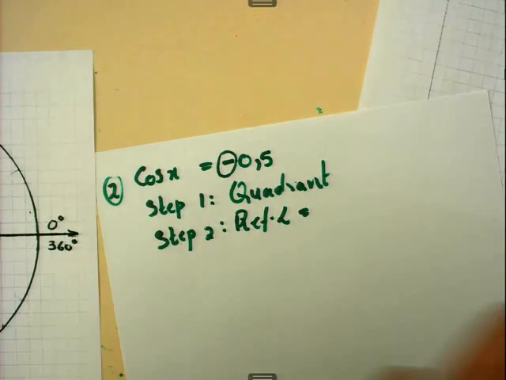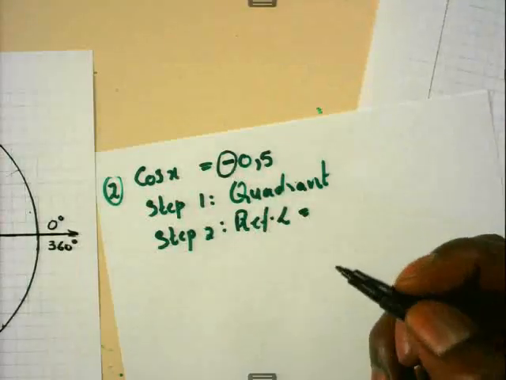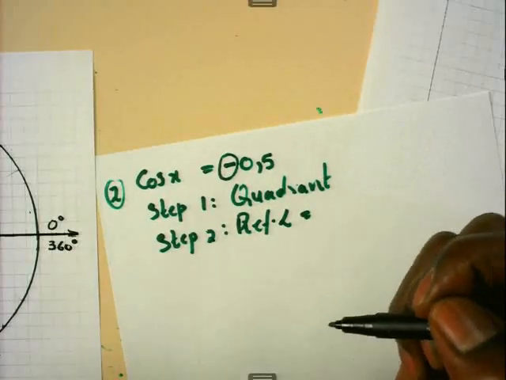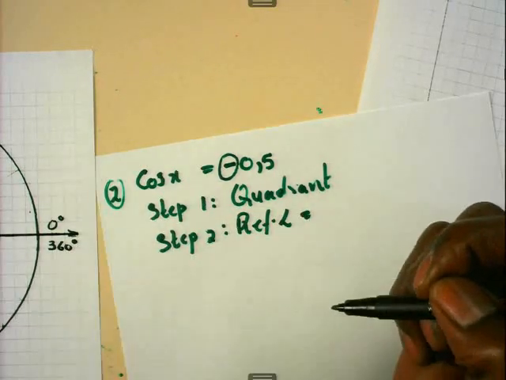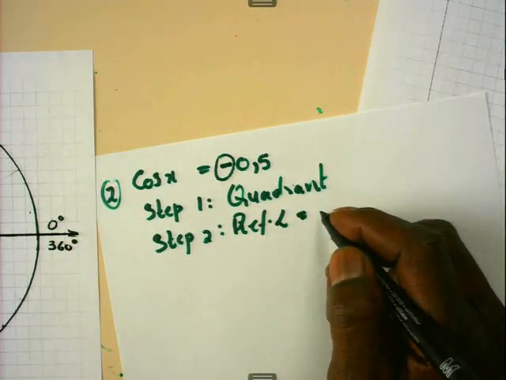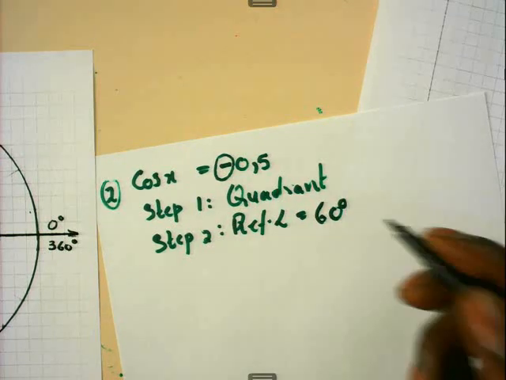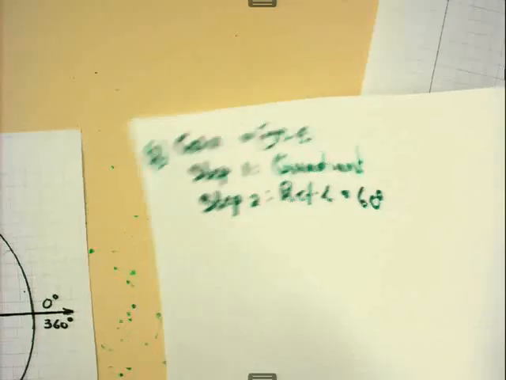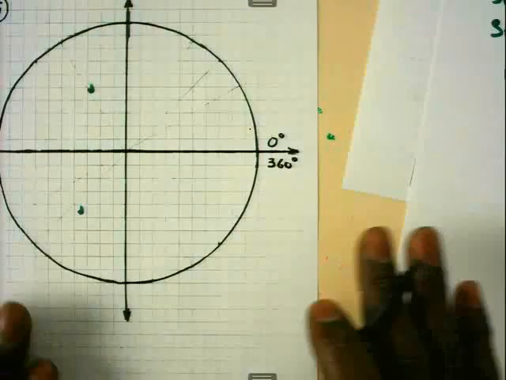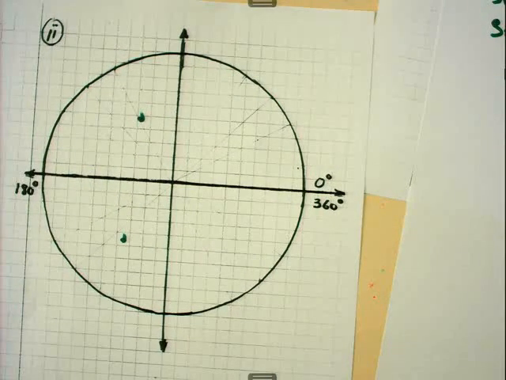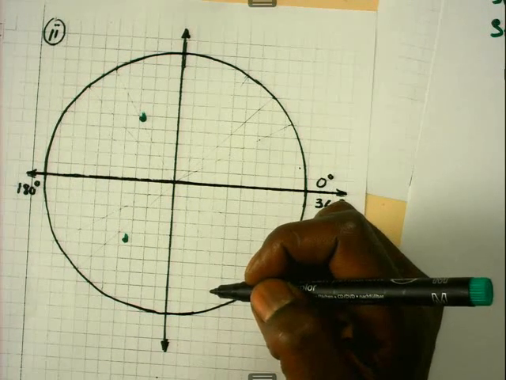And that's it. So I'm done with it. If I want the reference angle, I just press a cos of 0,5 and the calculator gave me 60 degrees.